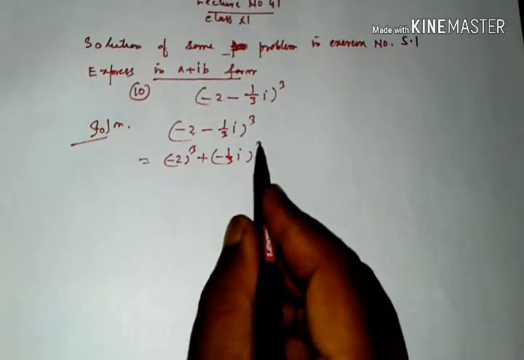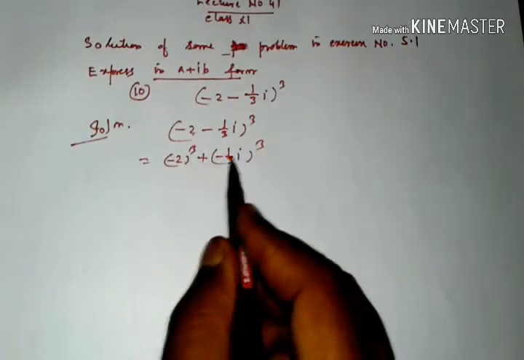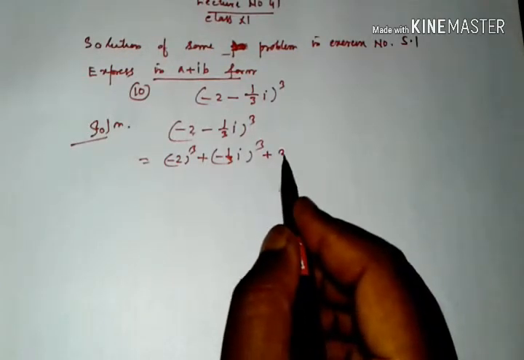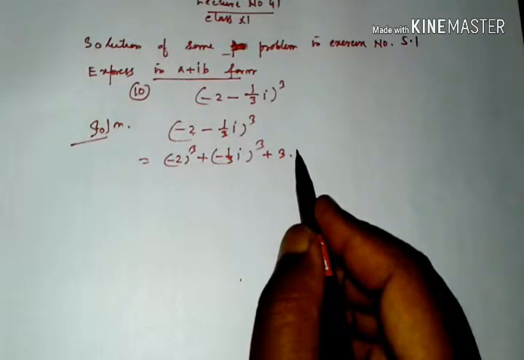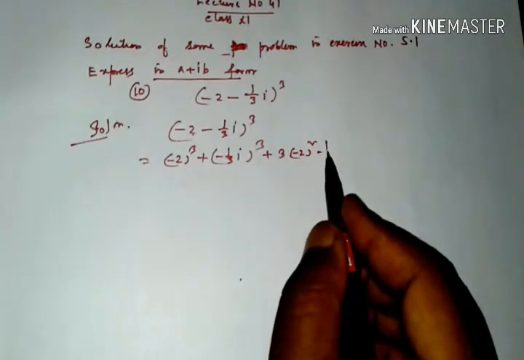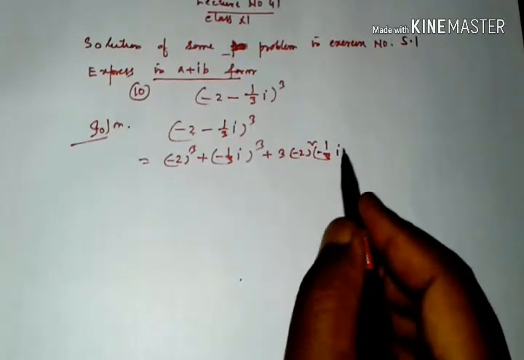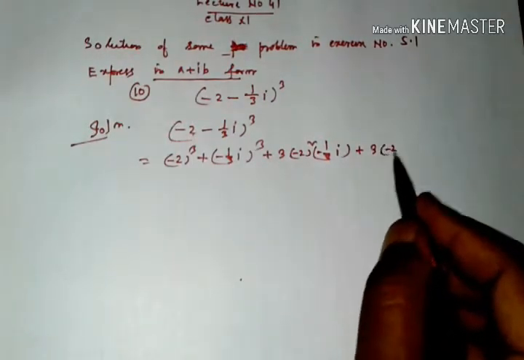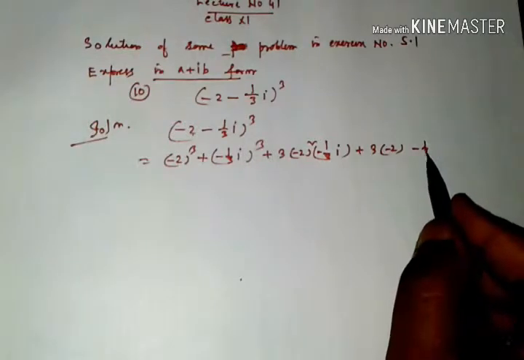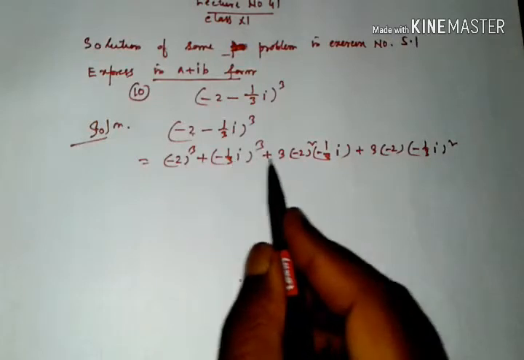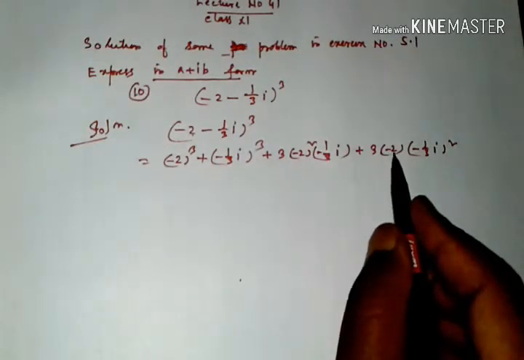First term cube, second term cube. In the formula there is a cube plus b cube plus thrice a square b, first term square into second term, plus 3 first term into second term square, that is a cube, b cube, thrice a square b, thrice a b square.